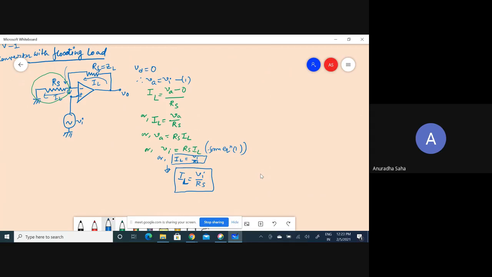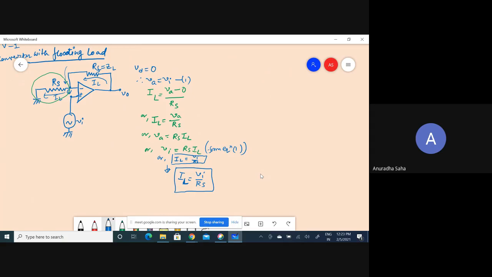That means I have never incorporated this RF, because this is not at all necessary to establish the expression of the load current. It is dependent on the input voltage as well as the input resistance. So this is the circuit of the V to I converter with floating load.